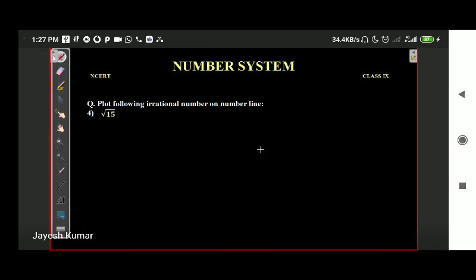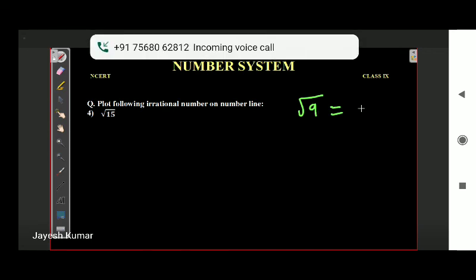Next is under root 15. You have to repeat the same procedure. In order to draw under root 15, first of all you take one side as 3. Why 3? The perfect square before 15 is 9, and the square root of 9 is 3.